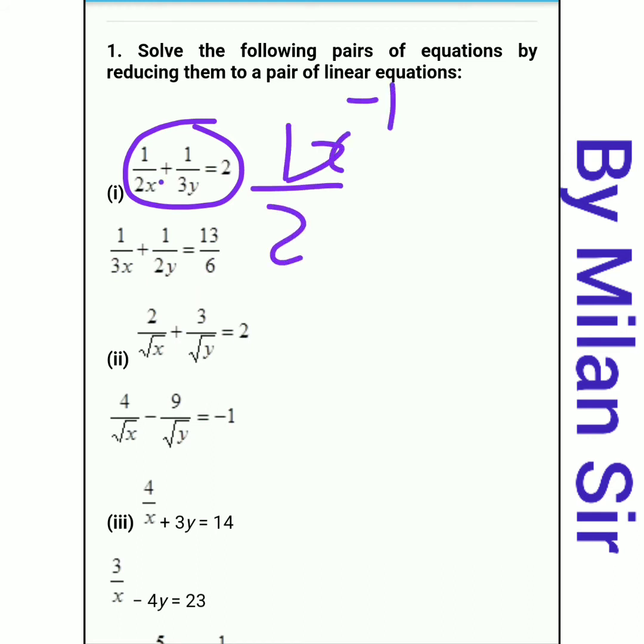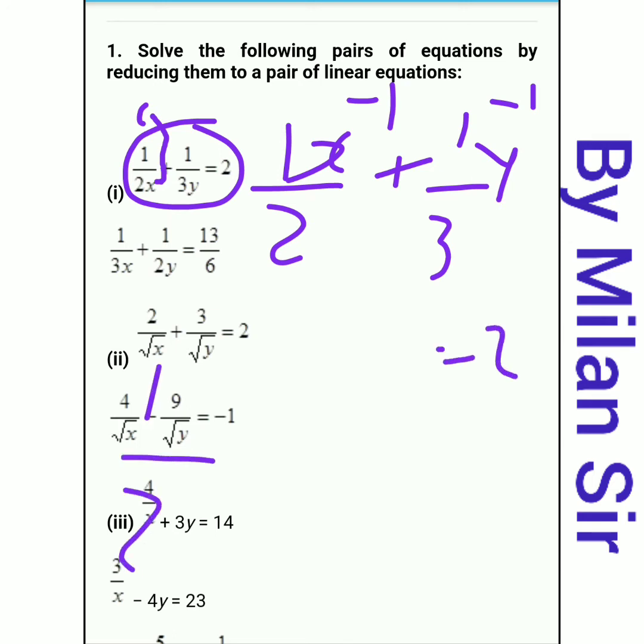If we transfer x from the denominator to the numerator, then we need to change the sign of the exponent. So x raised to 1 plus 1 upon 3, y raised to 1 is equal to 2, because here we have exponent 1 in the denominator. If I transfer it to the numerator, I need to change the sign of the exponent, so it becomes minus 1.